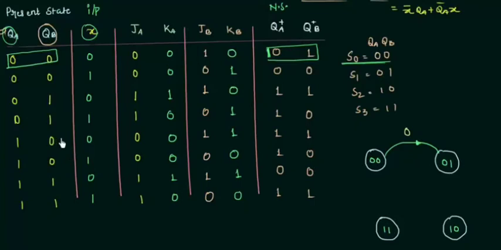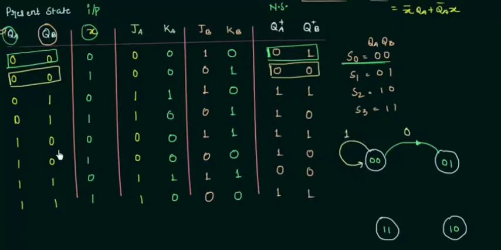Now we will see the case when we are on 0 0, it means S0, and the input is 1. In this case the input was 0 and it drove us from S0 to S1. Now if I make the input 1, what I am getting is the same state. The next state is the same as the present state, so I am going to be on S0 when the input is 1.